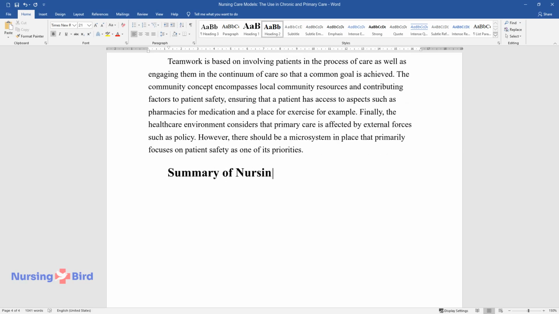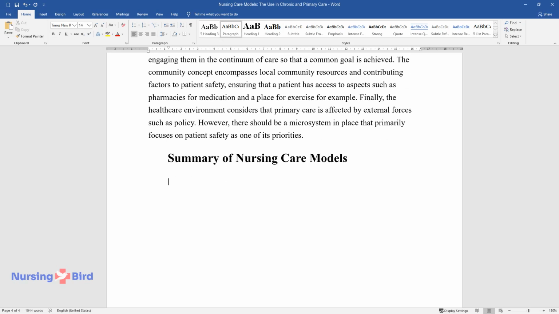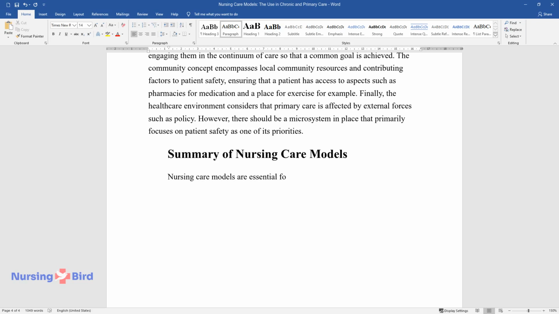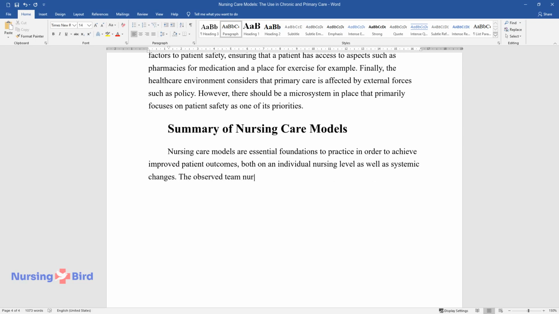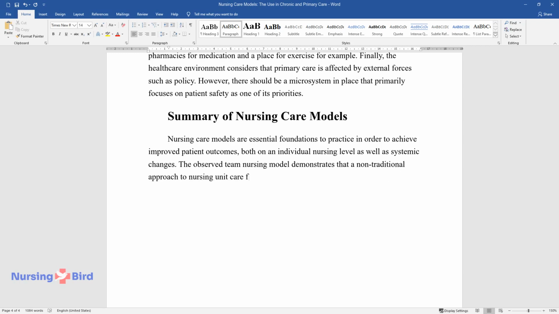Summary of nursing care models. Nursing care models are essential foundations to practice in order to achieve improved patient outcomes, both on an individual nursing level as well as systemic changes. The observed team nursing model demonstrates that a non-traditional approach to nursing unit care for patients can have benefits for both staff and patients.